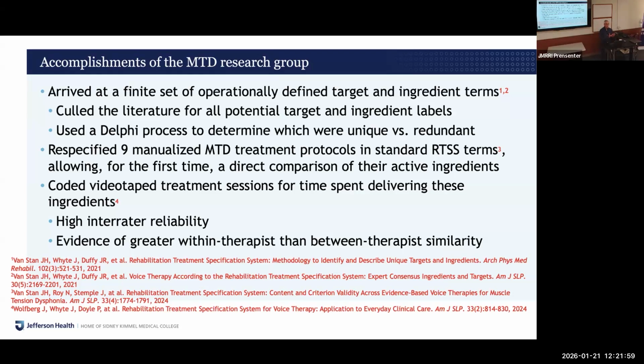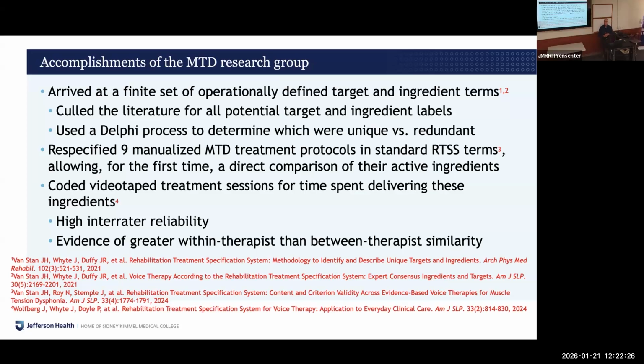So now, for the first time, these 9 protocols could be laid side by side and say, they all have this. This one has this, and none of the others do, et cetera. That effort is still ongoing, but not surprisingly, there were quite a lot of shared ingredients. There were some unique differences, but they would lead to specific predictions about different outcomes, not some global difference of this one's effective and that one's not effective.